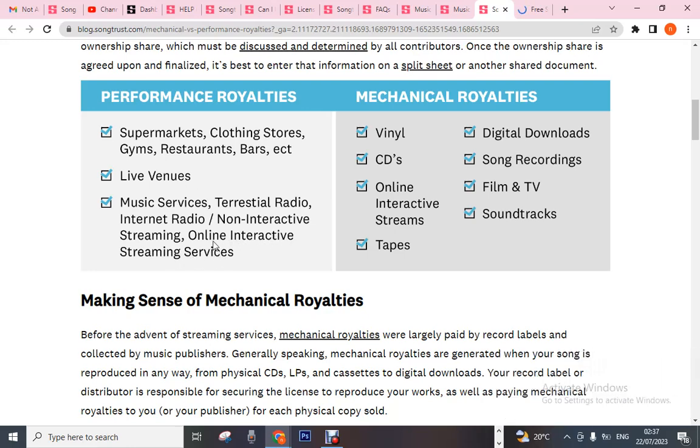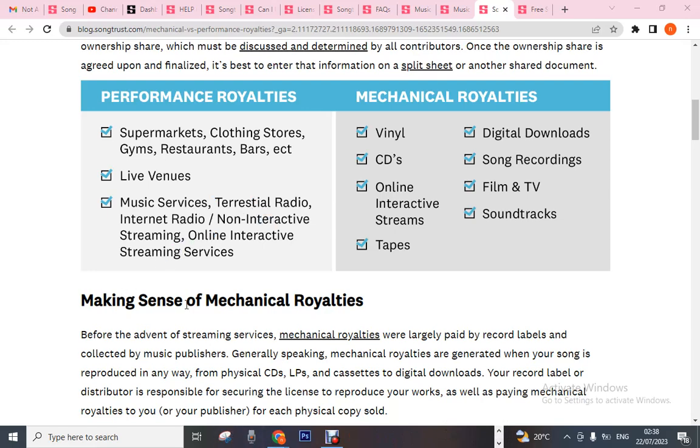So basically what I'm doing right now, these are performance royalties. If your song is used in any of these, like we've talked of supermarkets, clothing, let me see if I could make a screenshot of this. I'll be making a screenshot of this.